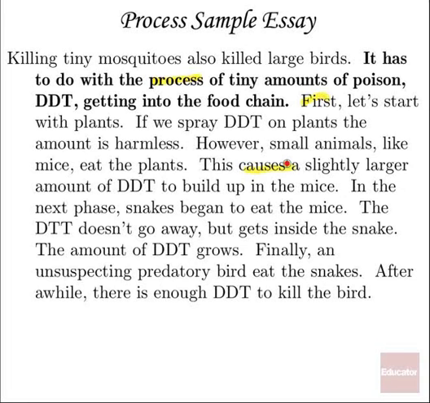This causes a slightly larger amount of DDT to build up in the mice. In the next phase, snakes begin to eat the mice. The DDT doesn't go away, but gets inside the snake. The amount of DDT grows. Finally, an unsuspecting predatory bird eats the snakes. After a while, there is enough DDT to kill the bird.